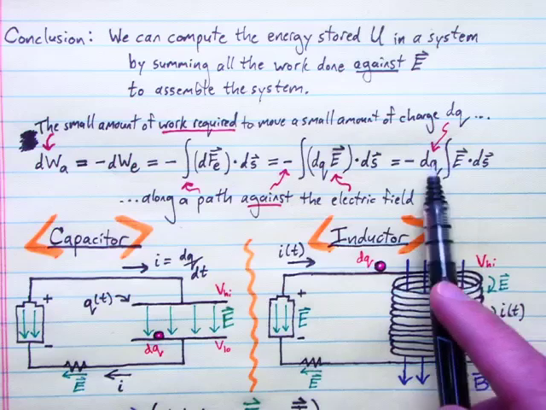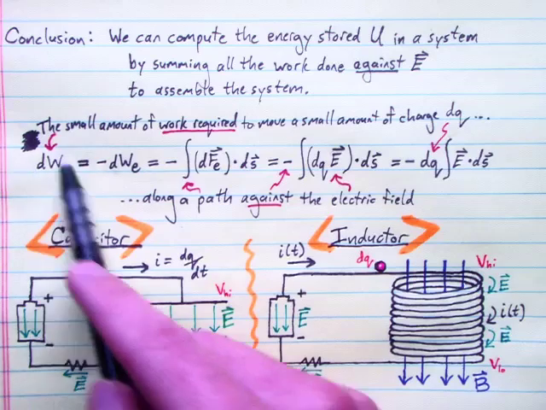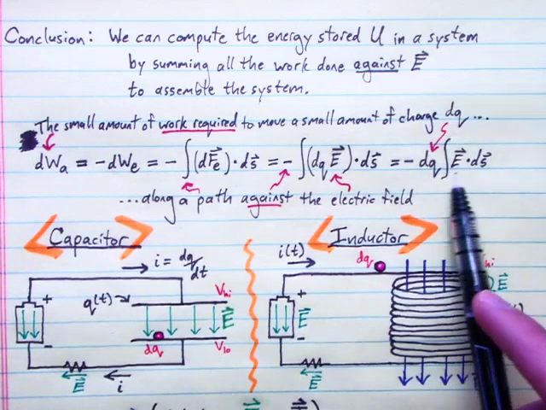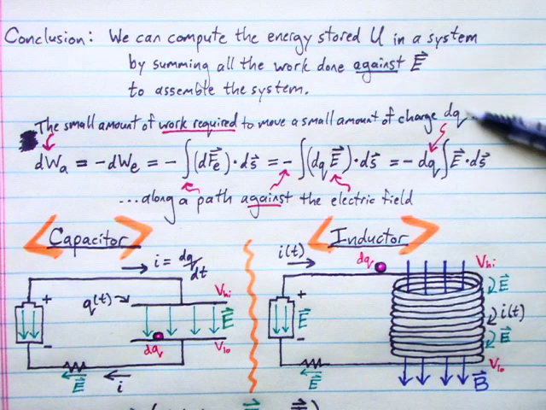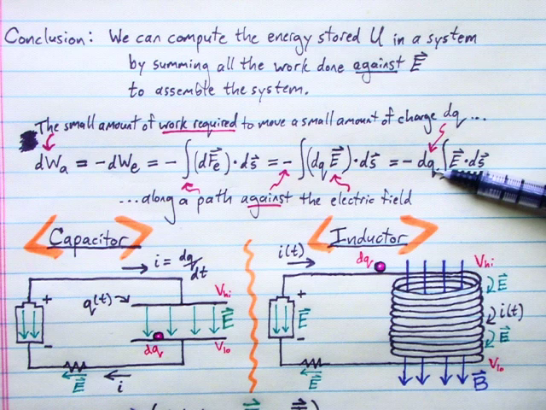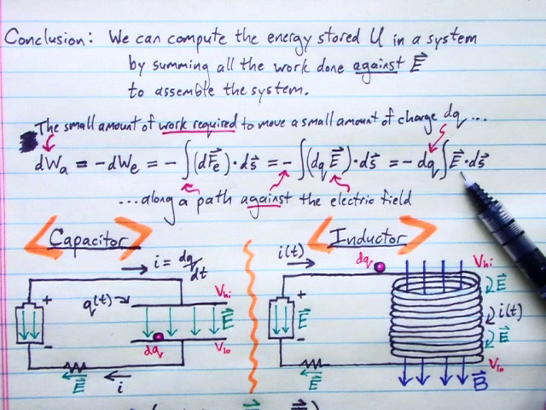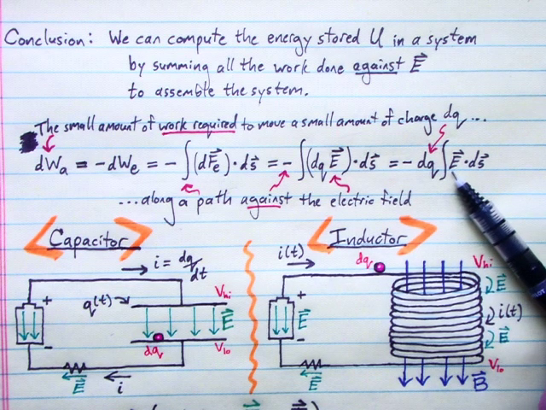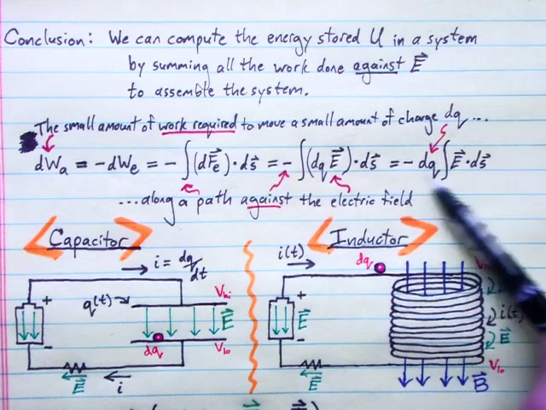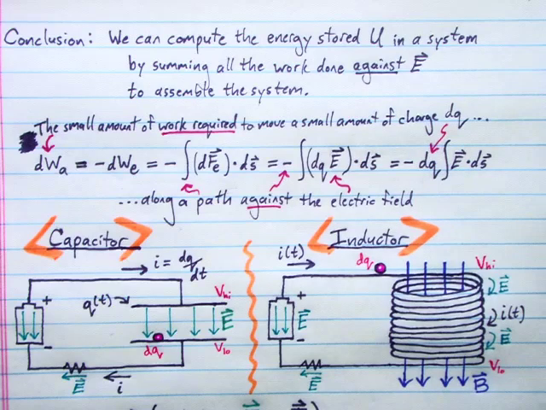So we're going to be able to find the work that's required to set up our system from this integral over here. We're going to be imagining taking some little bit of charge dq and moving it along some path and comparing it to the electric fields that are present that we have to push that charge against, sort of lift that charge against the fields, or push that charge through a region of field to add energy to our system.